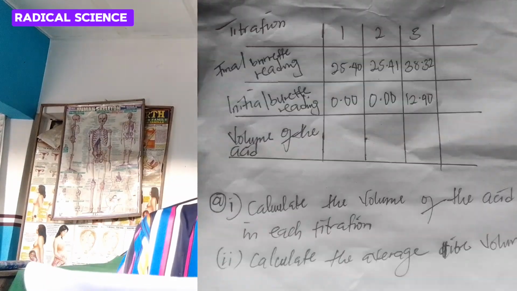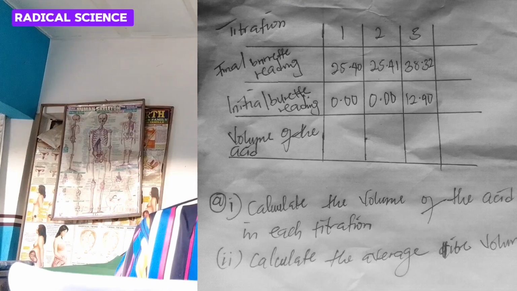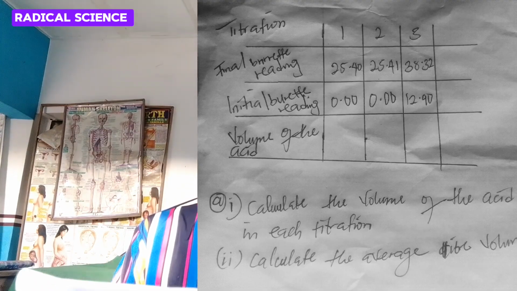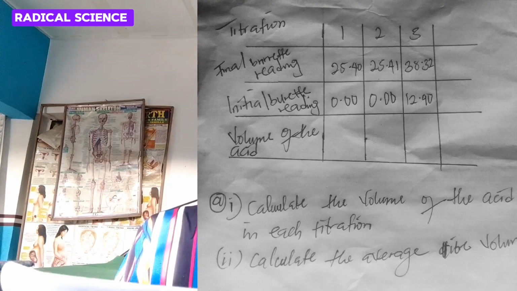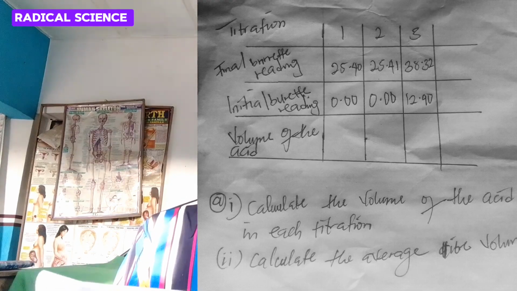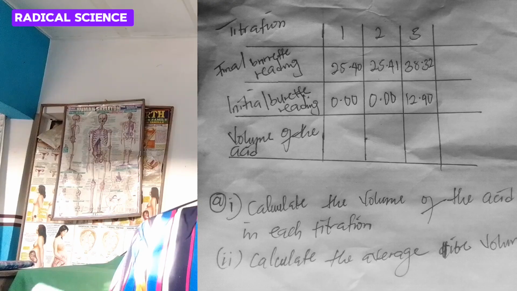So now let's begin. Here we have final burette reading, which is in cm³. Under the first titre, we have 25.40. Under the initial burette reading, we have 0.00. Now under the second titre, we have 25.41.